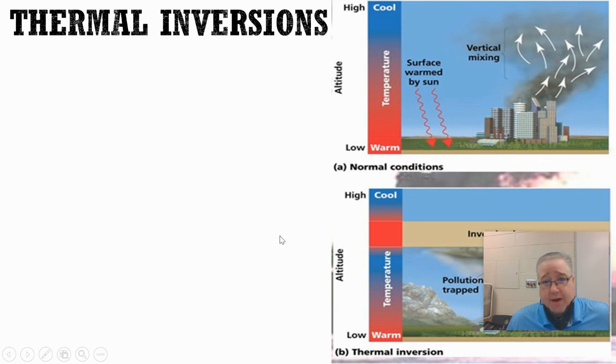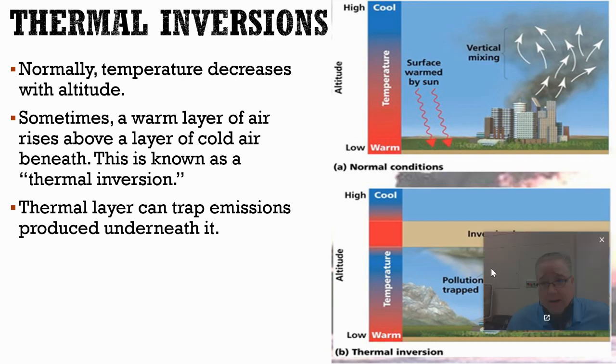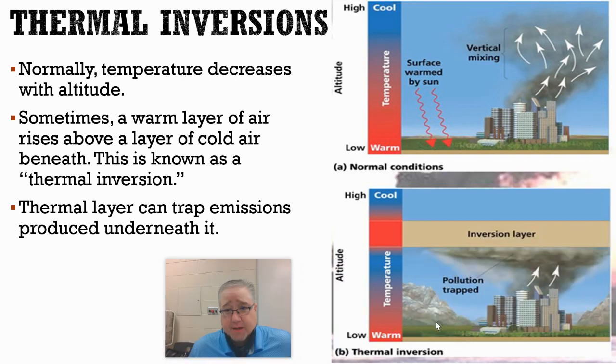All right, now another thing that could occur when all of this pollution enters the atmosphere, especially above a large urban area, is something called a thermal inversion. These occur anytime you get a lot of pollution coming up from, usually, an urban area. This picture here is a good example. But what I want you to look at closely is the left-hand side.